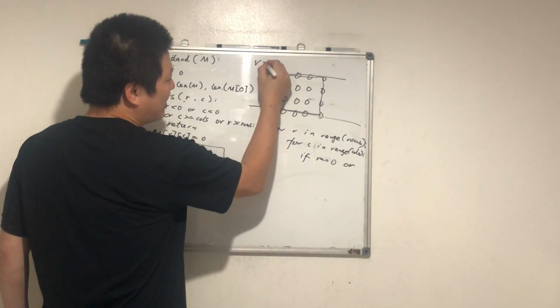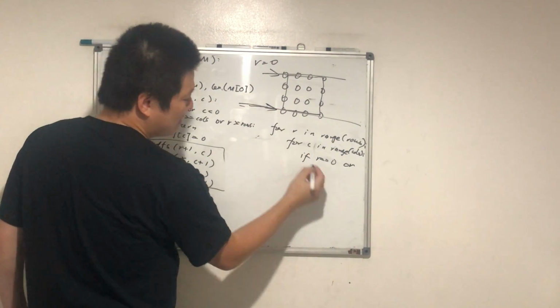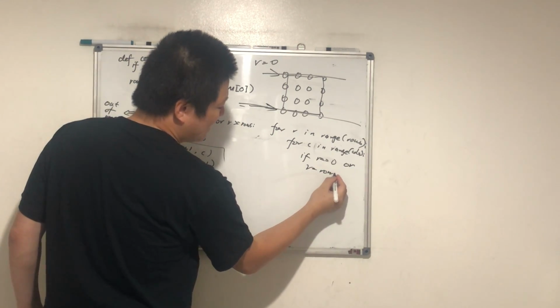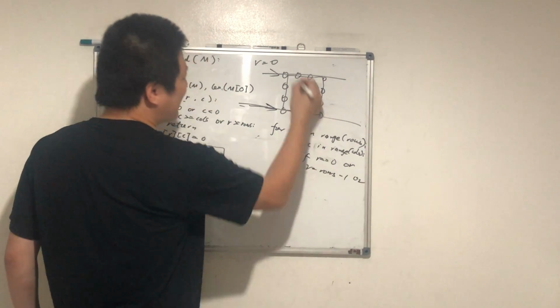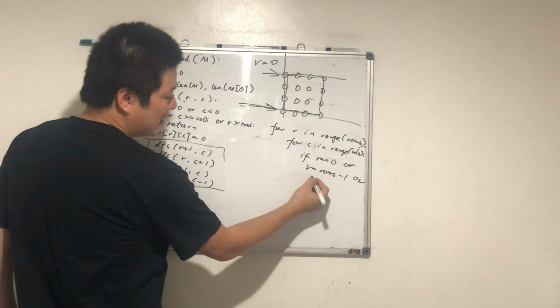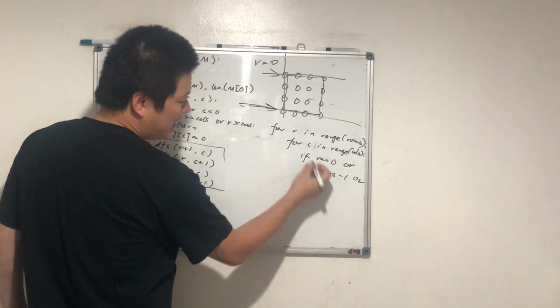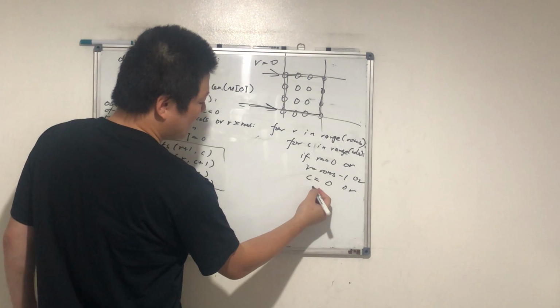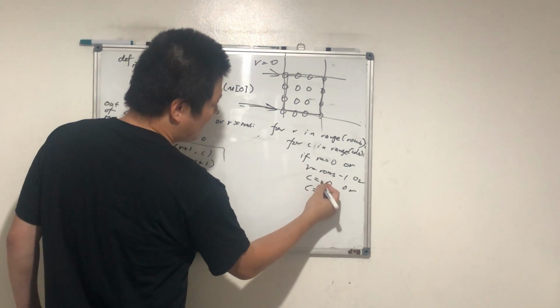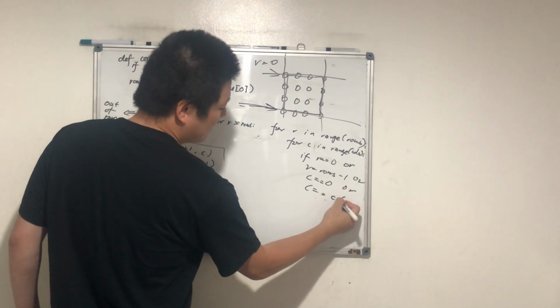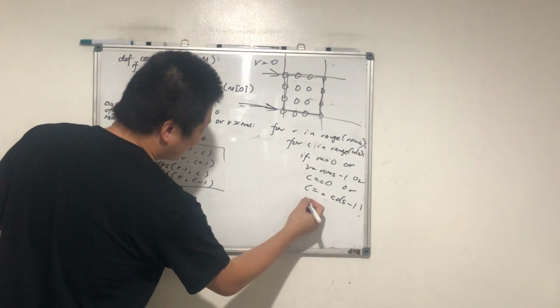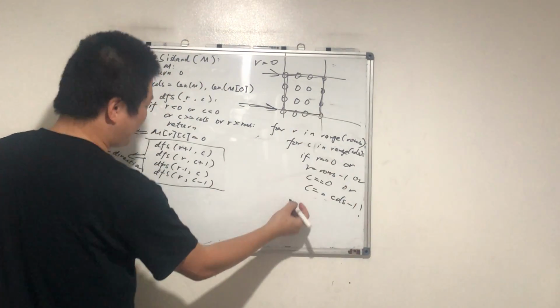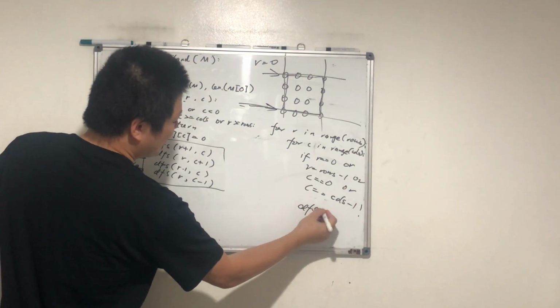This is R equals 0. And what's this? R equals rows minus 1, yeah? And columns: C equals what? C equals 0. Or what's this? C equals columns minus 1. Well done, right? And then once this is in the corner, then I do this depth search.